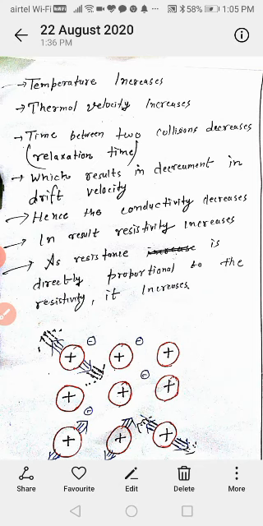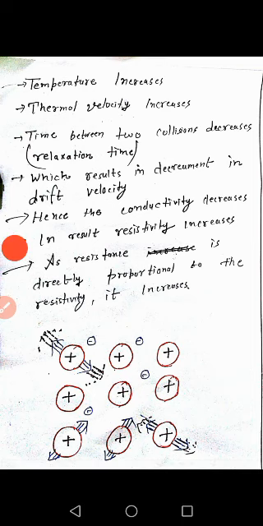So there will be more hindrance in the path of the electron, and the electron will get more distracted instead of moving under the influence of the electric field. As a result, we can see there is a direct relationship between conductivity and drift velocity, and conductivity and mobility, all those things that we have already studied in the previous lecture.